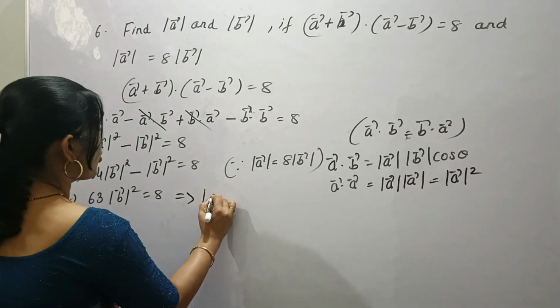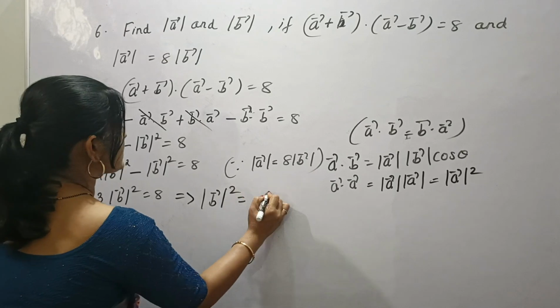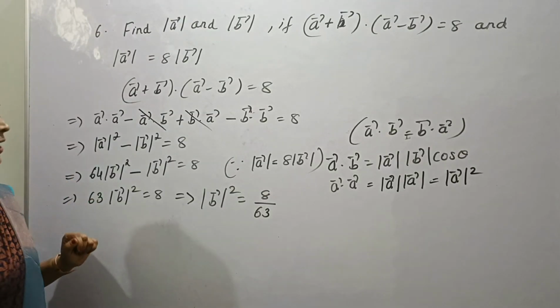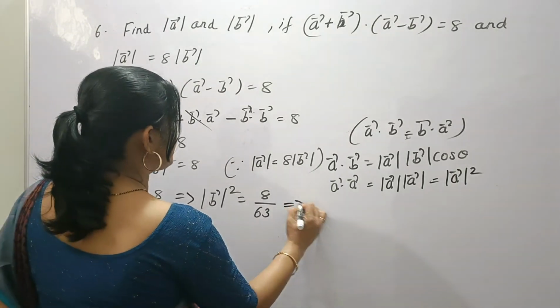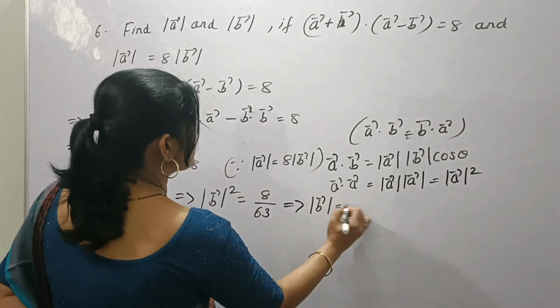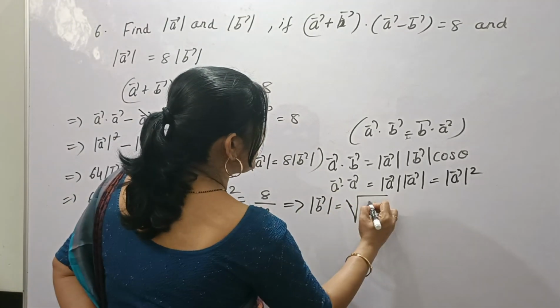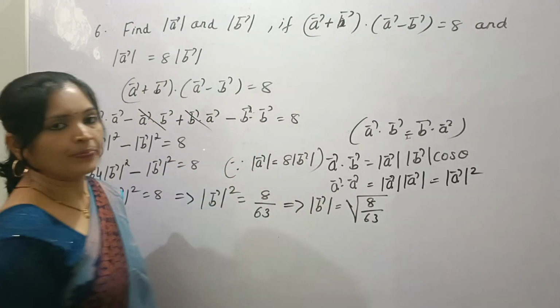That implies modulus vector B square is equal to 8 divided by 63. That implies modulus vector B is equal to root of 8 divided by 63.